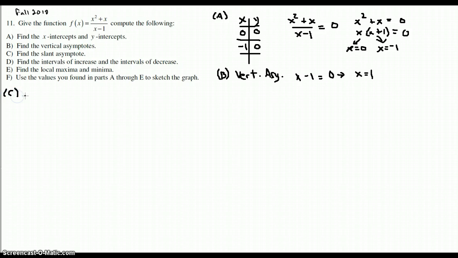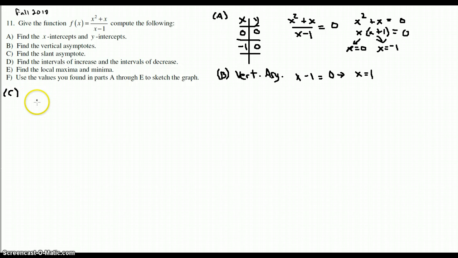A slant asymptote occurs when the degree of the denominator is 1 less than the degree of the numerator. So x minus 1 is 1 less than x squared plus x, and so yes, we'll have a slant asymptote.